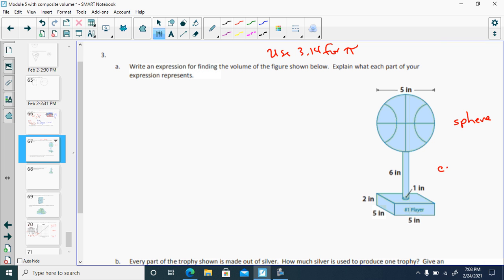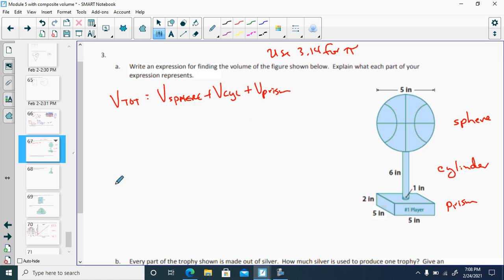This one would be a cylinder. This one would be a prism. Okay, so the total volume is going to be equal to the volume of that sphere plus the volume of the cylinder plus the volume of the prism.